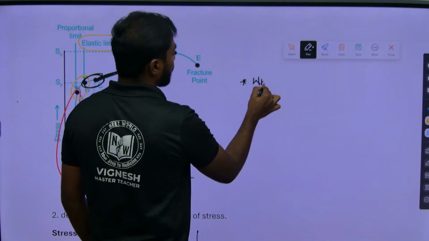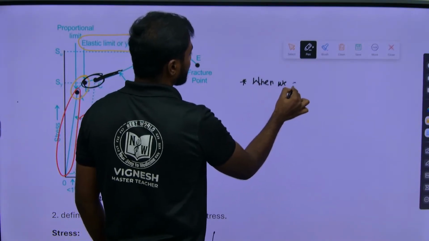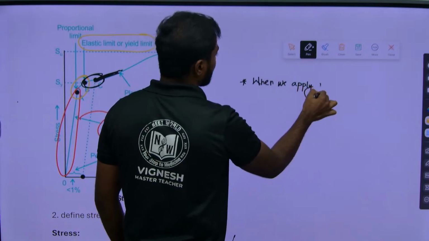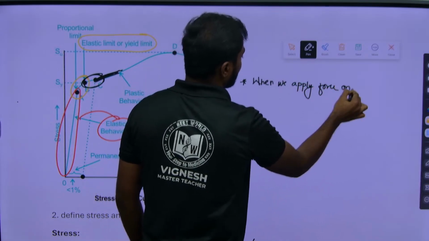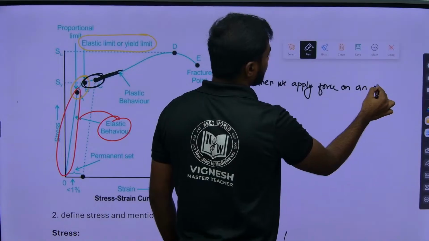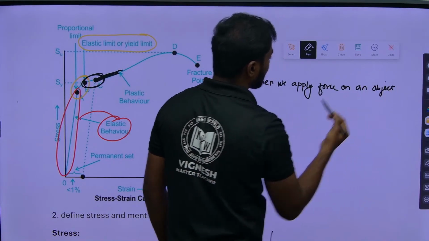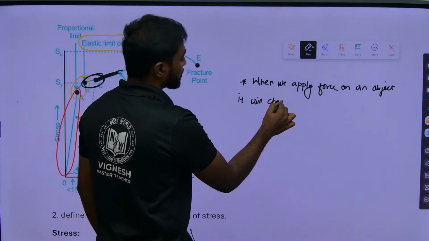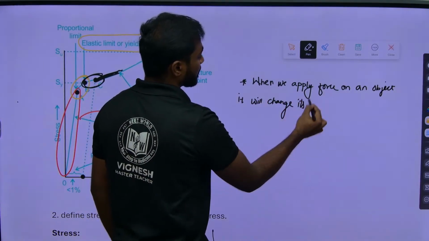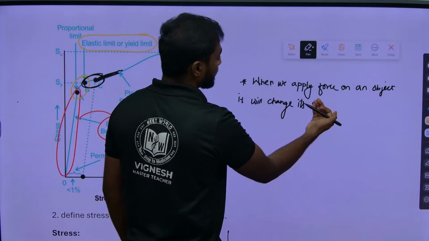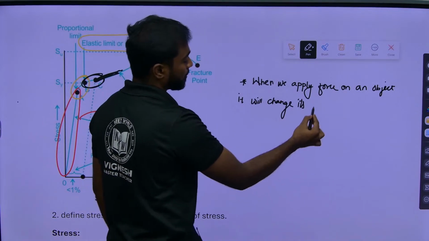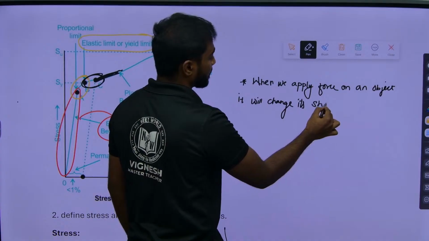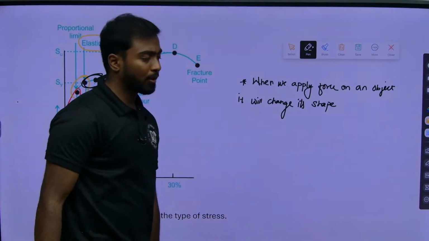When we apply force on an object, it will change its length or shape.